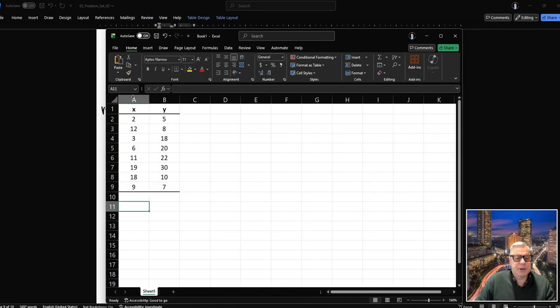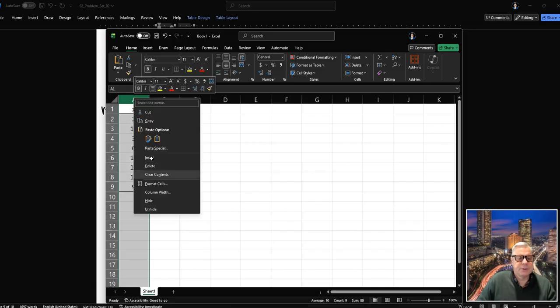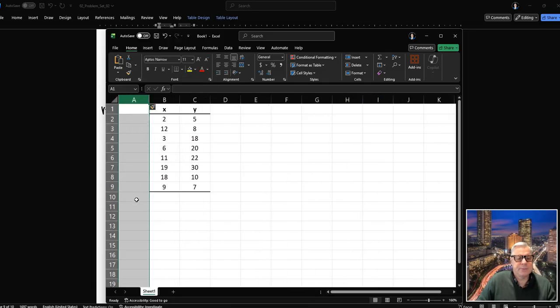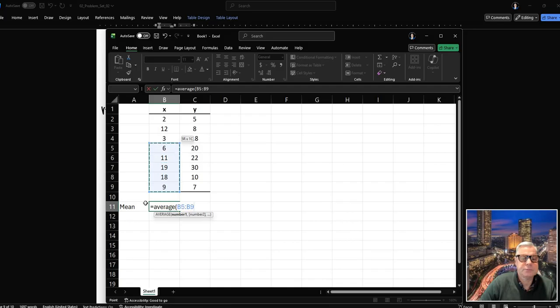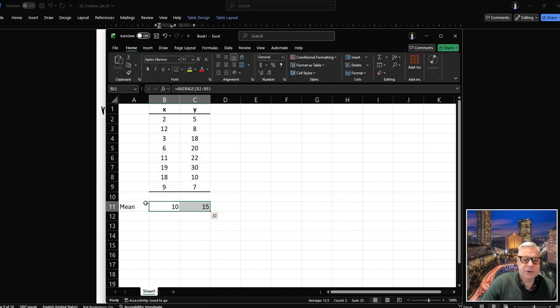So this was our data. So let's insert a column here. Let's calculate the mean first for each one. It's actually the one down below. The mean is equal to the average. 10, we can copy that to the right, 15, so that was correct.